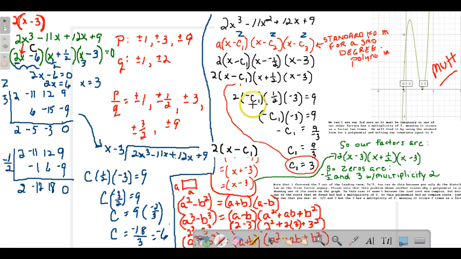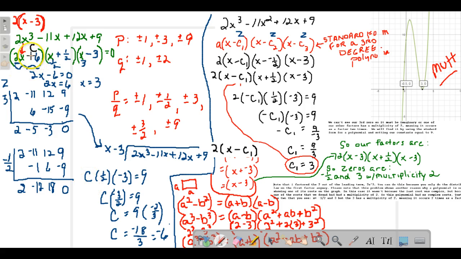We use that in here for our constant, and we use +1/2 and -3. So it's really not too much different than this one where we used down here our constant c.